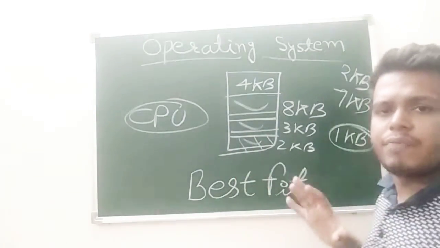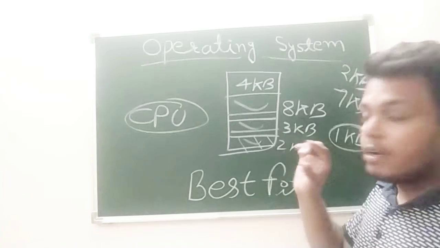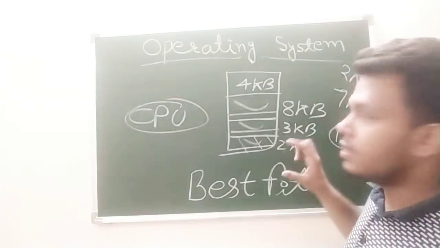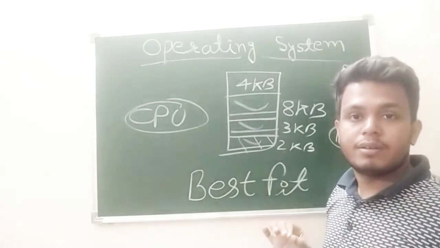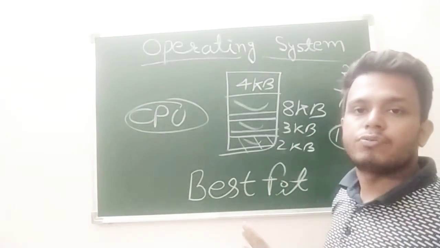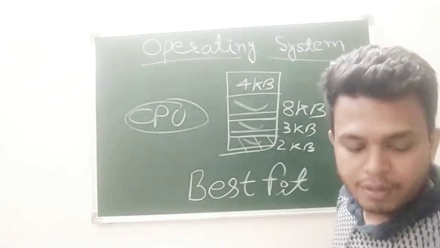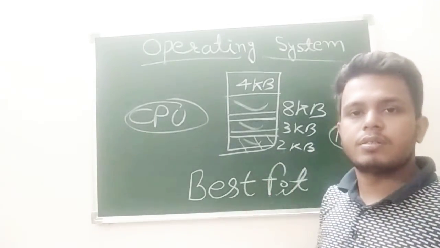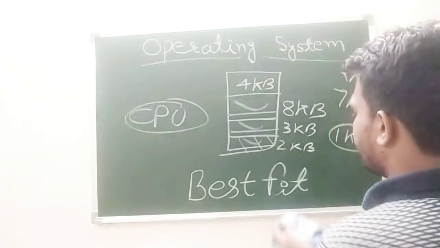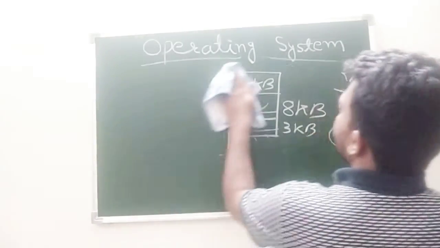This is known as external fragmentation. This kind of algorithm will lead to tiny holes which are not at all useful. Clear? So it seems to be good, but there are some downsides to this algorithm also. Let me come to the next.